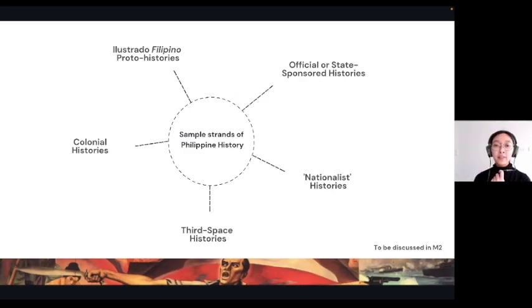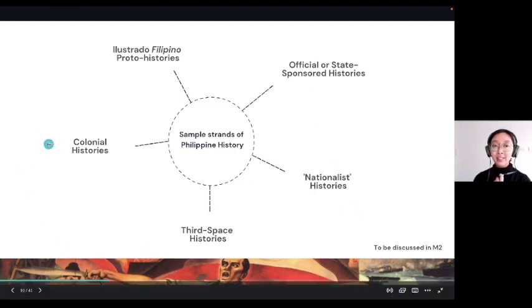Here are 5 different strands of Philippine history, right? And some of them might sound familiar to you, some of them might not be super familiar yet. But think about it. Let's read it. You have Ilustrado Filipino proto-histories, official or state-sponsored histories, nationalist histories, third space histories, colonial histories.